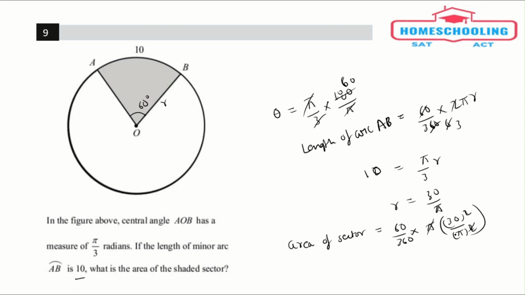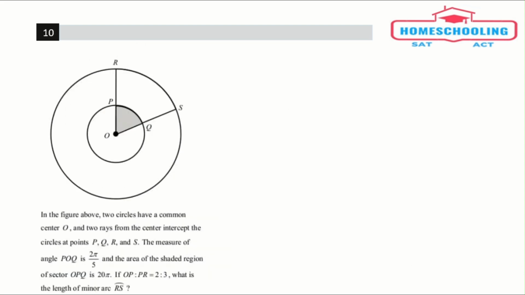Pi cancelled, this is going to be 6 times, so 900 divided by 6 pi. Let me calculate it on the calculator. 900 by 6 pi is 9.55. This is going to be your answer. Now moving to the next question.